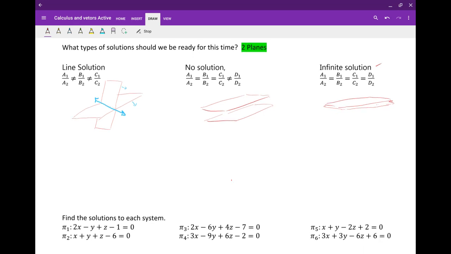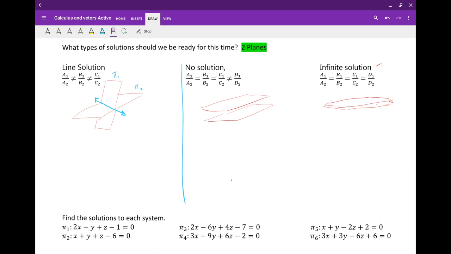Okay, and so let's start with this line solution here. For a line solution, you've got your plane 1 and your plane 2.